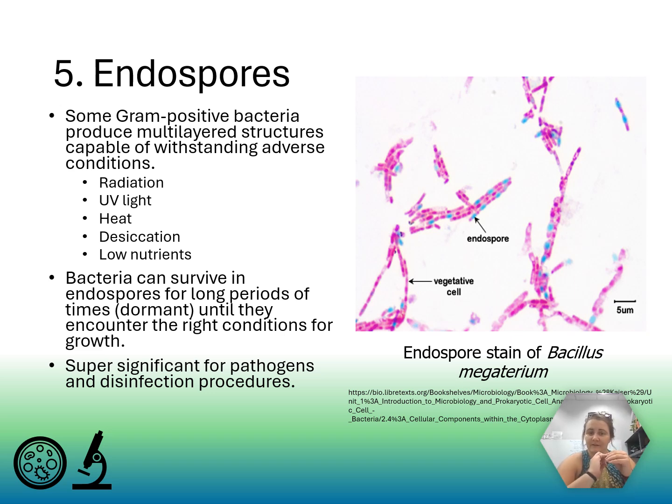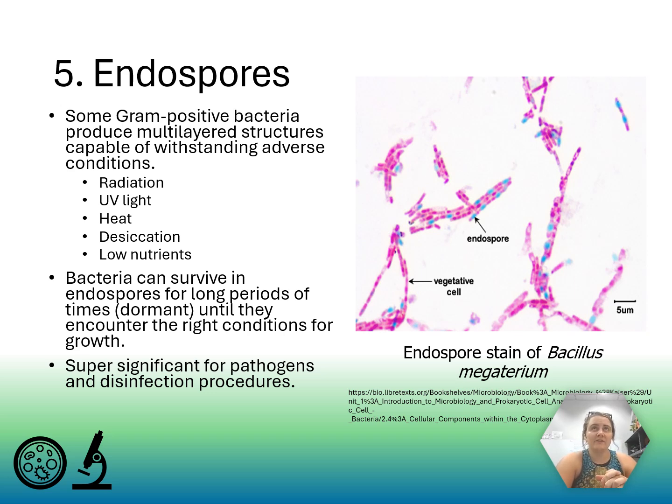It's very, very important when we talk about environmental engineering for the survival of pathogens and disinfection procedures. A lot of pathogens, which again, remember a pathogen is something that's infectious to another organism. Remember that those we want to be very careful about when we try to disinfect, especially in water or wastewater treatment.